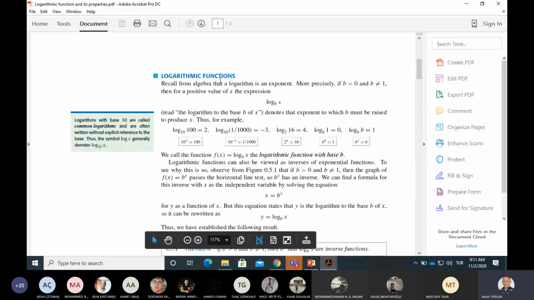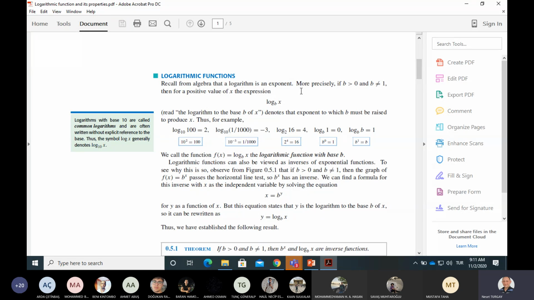So we have logarithmic functions. I will upload this also. This is from another source. Recall from algebra that a logarithm is an exponent. So b is bigger than 0 and b is not equal to 1. Then this expression is read as the logarithm to the base b of x. It denotes the exponent to which b must be raised to produce x.